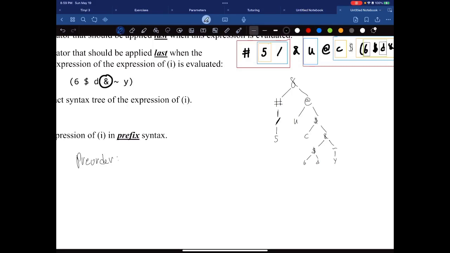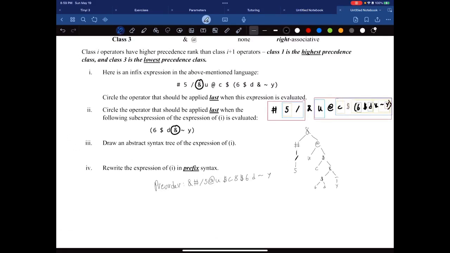So it's going to be ampersand, hashtag, divide, 5, at symbol, U, $C, ampersand, $6, D, tilde, Y. And that would be pre-order.